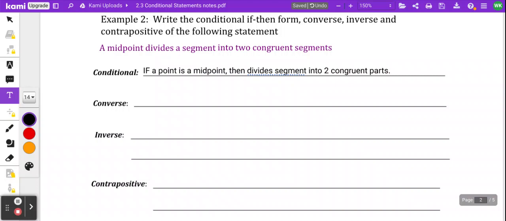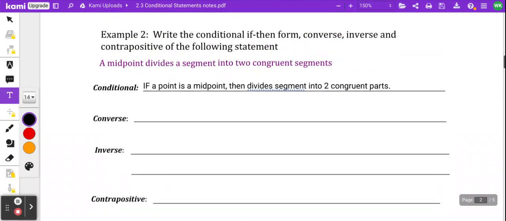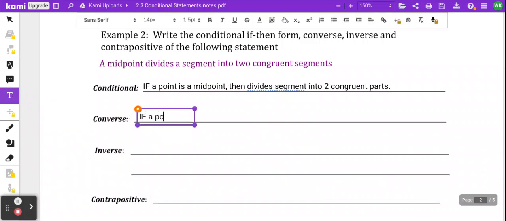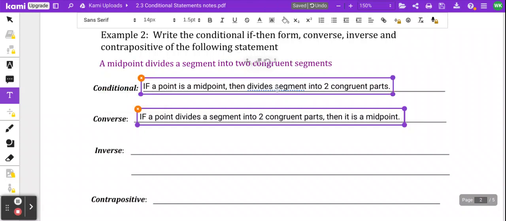So the converse is, if a point divides a segment, oh, something happened. Okay, so if a point divides a segment into two congruent parts, then it is a midpoint.